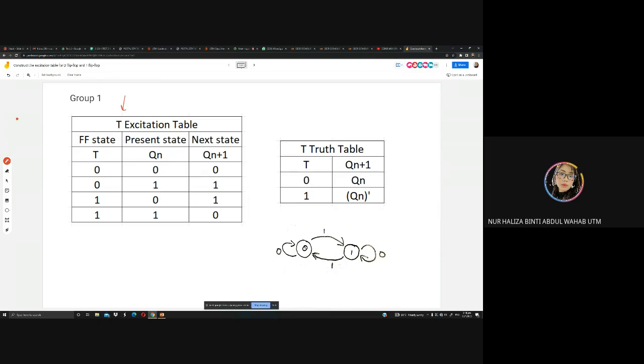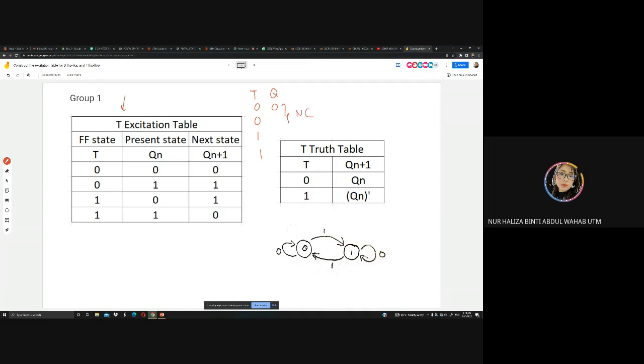If you still remember your table last time for your T flip-flop, you're going to have T equal to 0, 0, 1, 1. If your previous Q is 0, and the next is already 0, you're going to have 0 also, which is no change.